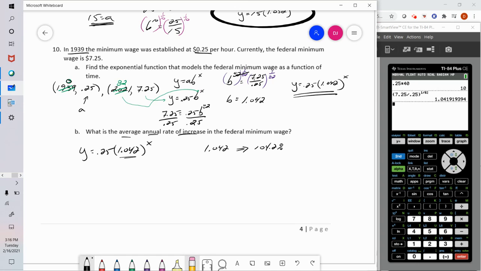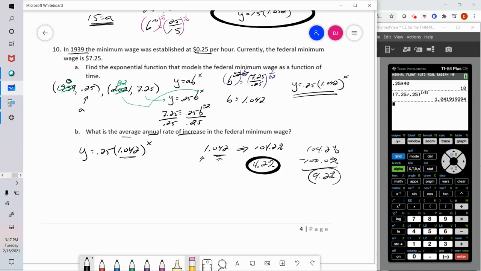I take 0.25, multiply it by 104.2%, 1.042, which means each year I have my 25 cents, 100% and 4.2% more. So my increase is 4.2%. From my 104.2%, I'm subtracting 100%, and so I'm looking at an average annual increase of 4.2%.